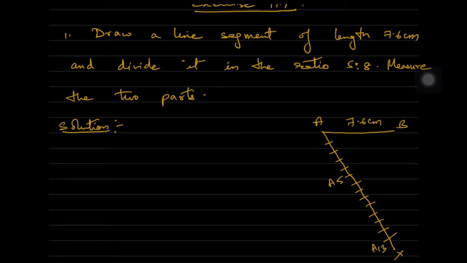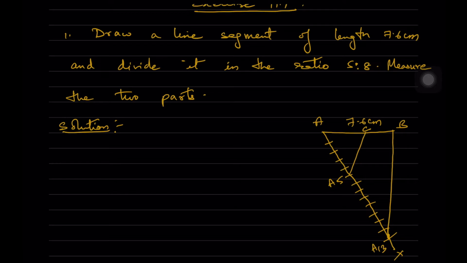First step, we join A13 to B. After joining A13 to B, we draw a line from A5 to the line AB, such that A5C is parallel to A13B. This is the line segment which divides AB in the ratio 5:8, that is, AC is to CB is 5:8.